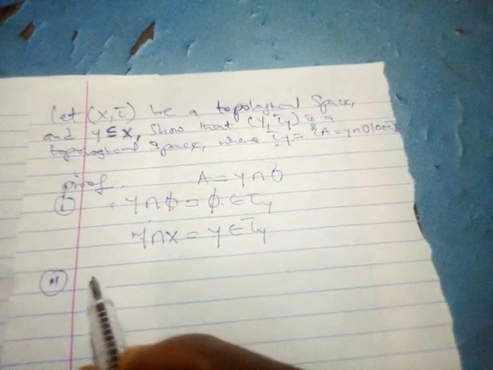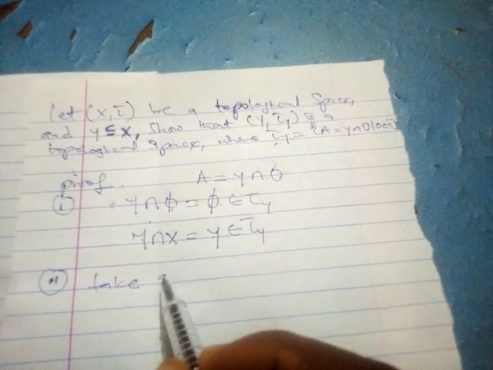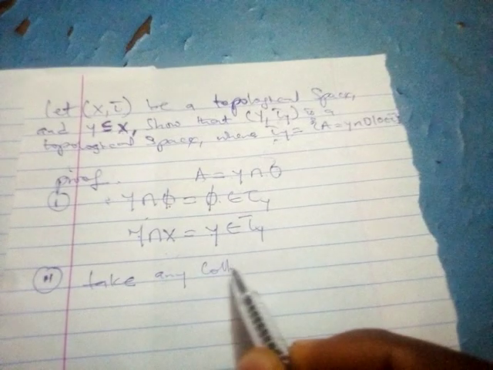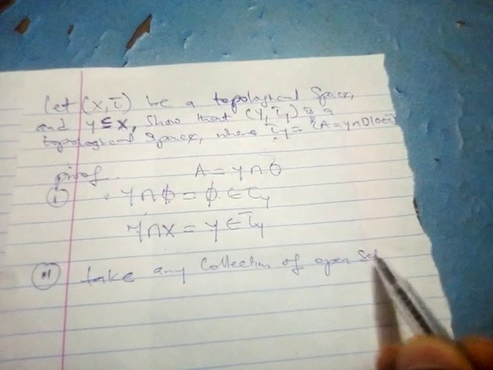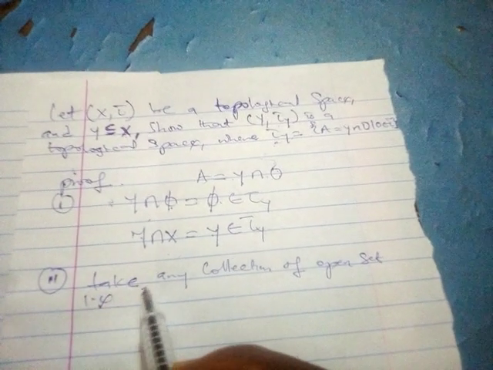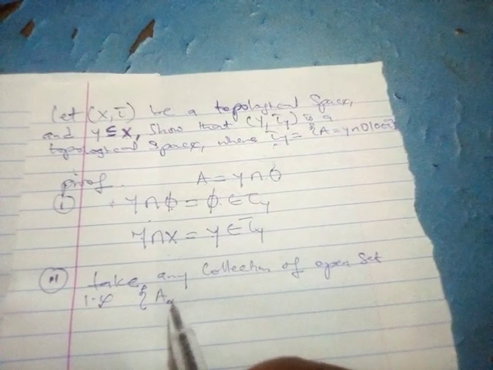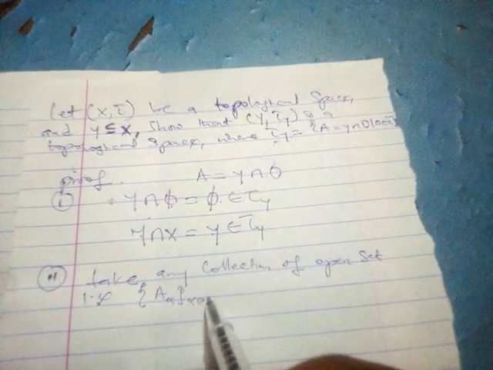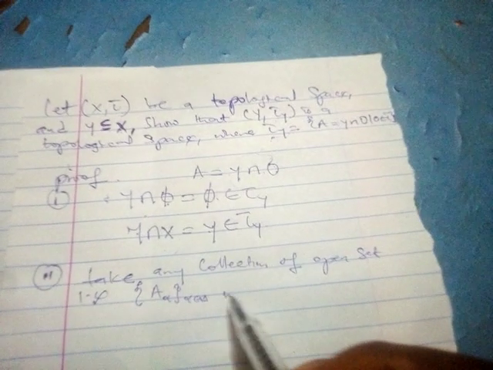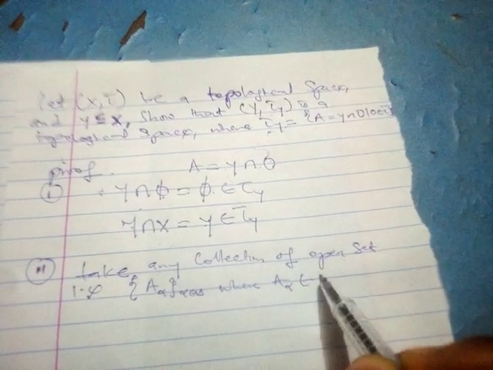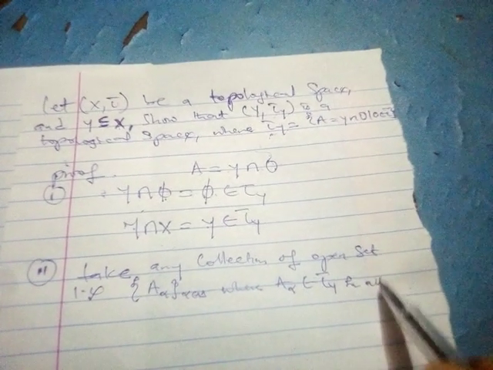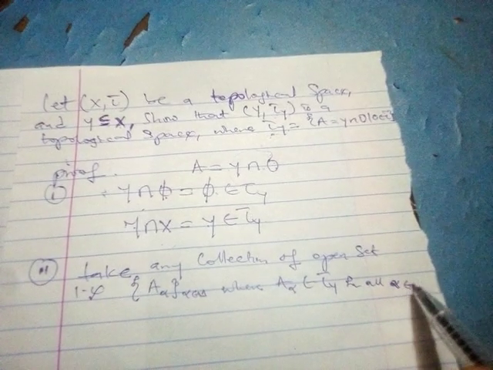So take any collection of open sets, that is, take a collection of A alpha, where alpha is in delta, and A alpha is in this topology for all alpha in delta.